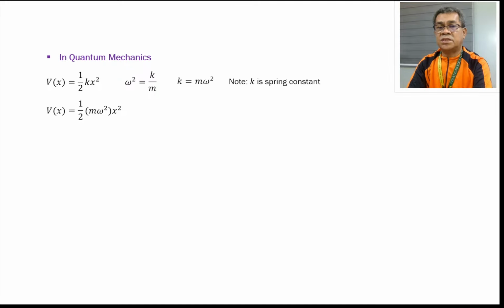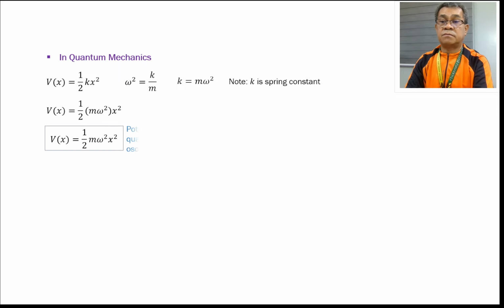Which means that if we substitute the value of k, where k is m omega squared, then we have the potential energy as a function of position: one half m omega squared x squared. Okay? So this is the potential energy for any quantum harmonic oscillator.